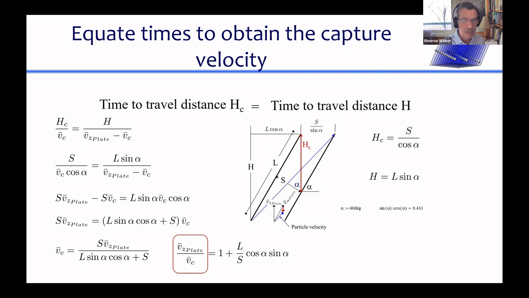So if VZ plate over VC is a factor of 10, then we can reduce the size of the sedimentation tank by a factor of 10. And if you had a factor of 10 increase in your salary, you would get excited, right? So a factor of 10 is a cool thing. And it means we're saving that much money on these sedimentation tanks, except we're going to invest more in plate settlers, but plate settlers are cheap compared with all the concrete.